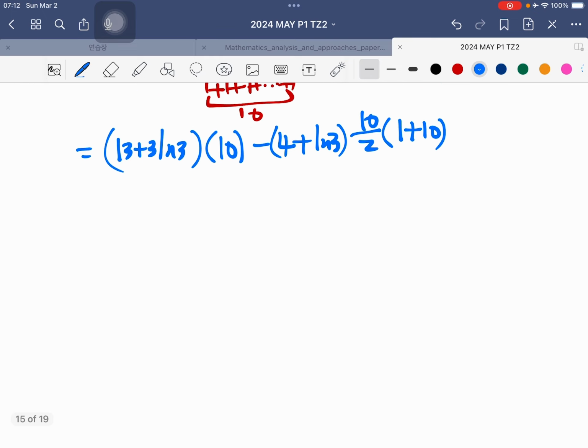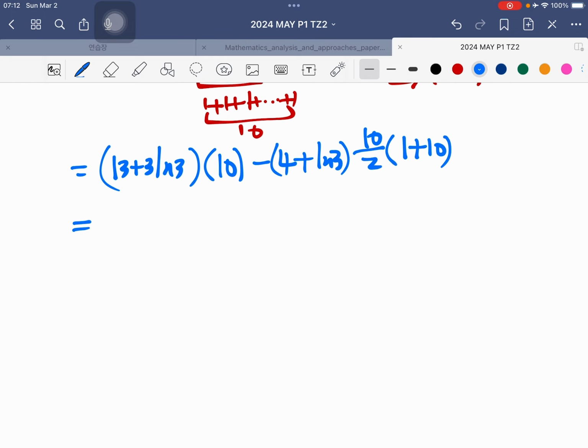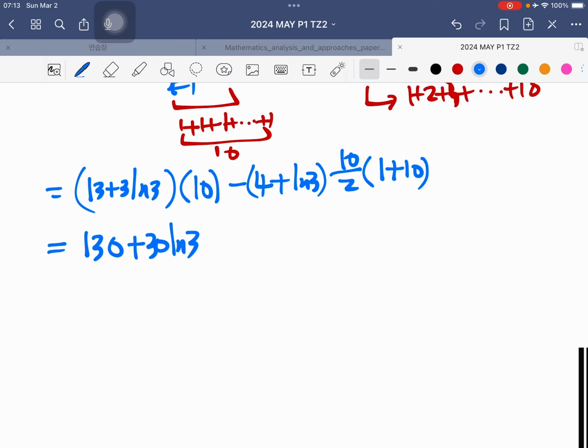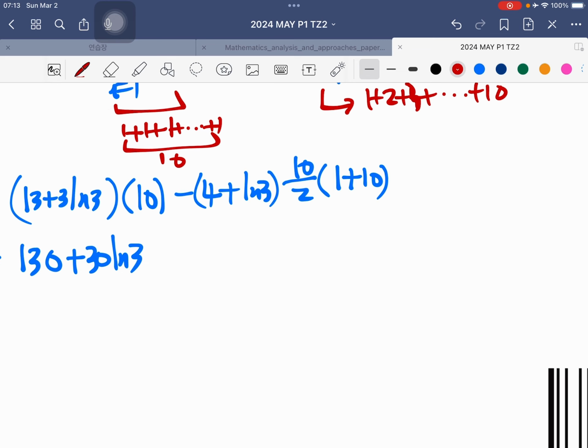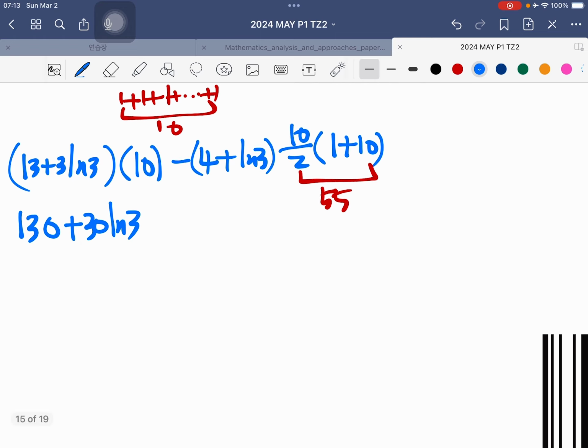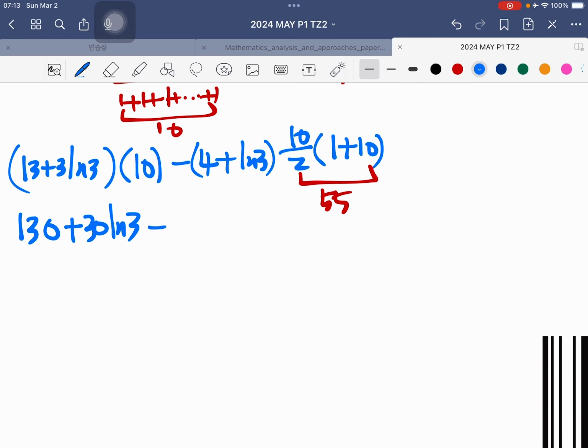So let's simplify this one more time. It's going to be 130 plus 30 ln 3. The sum of I from 1 to 10 is just 55. So 55 times 4 gives us 220, minus 55 ln 3.